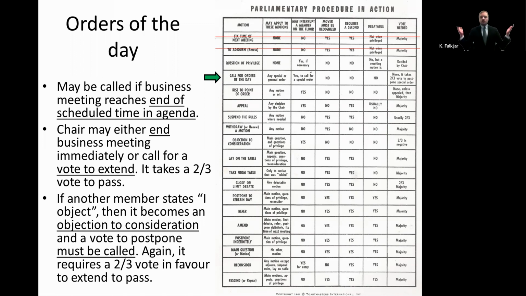The chair has two options. They can either end the business meeting or call for a vote to extend. Note that this is one of the three cases where it takes a two-thirds vote to pass. Because this, as mentioned earlier, is a special vote to waive procedural form, these are the special votes that need a two-thirds majority.